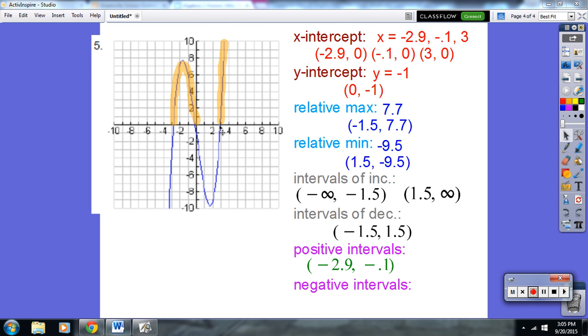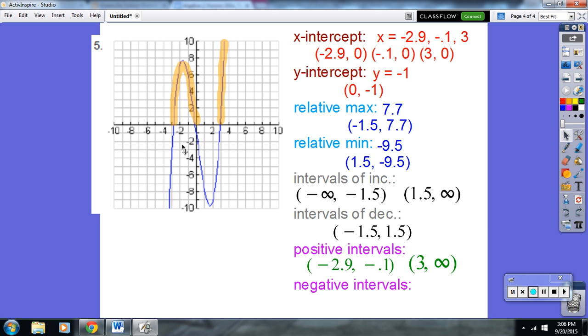It starts at x equals 3, which also happens to be my last x-intercept, and it continues infinitely to the right. It's the rightmost piece of my graph, and any time you have the rightmost piece, your interval will end with positive infinity. So my intervals for positive behavior would be negative 2.9 to negative 0.1 and 3 to infinity.